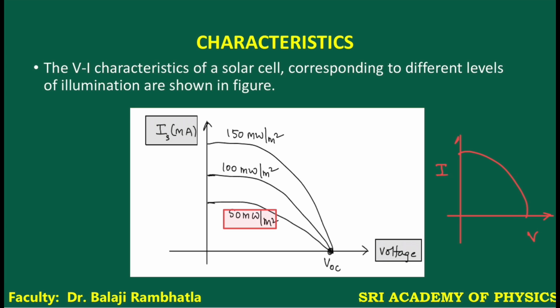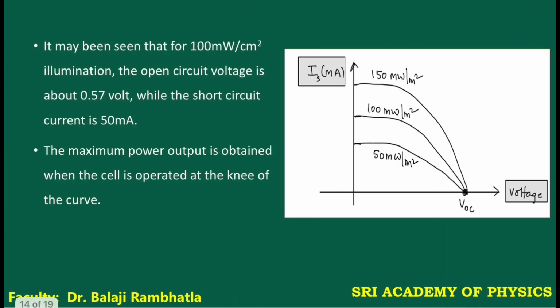This is at 50 milliwatts per meter square of sunlight intensity, this is 100 milliwatts per meter square, and this is 150 milliwatts per meter square. This is the characteristic curve of a solar cell, which actually comes under the fourth quadrant.